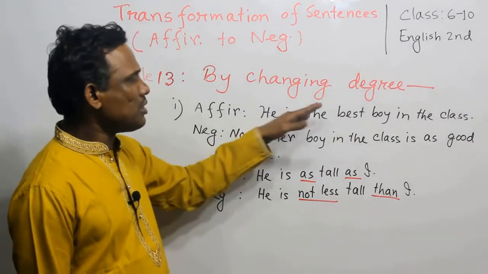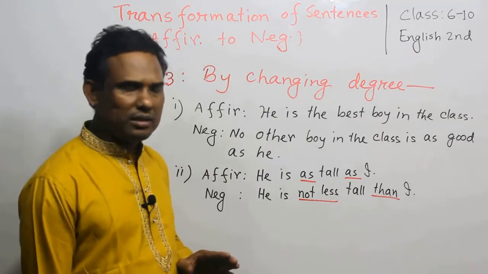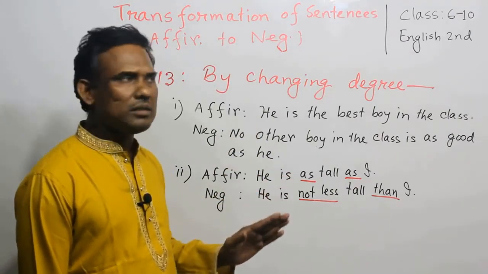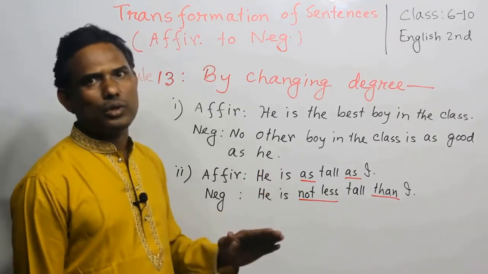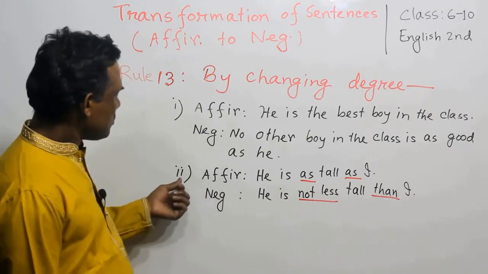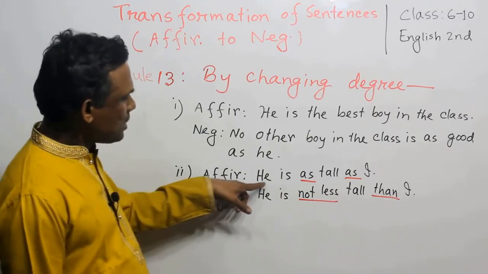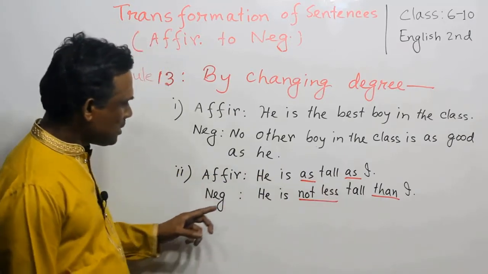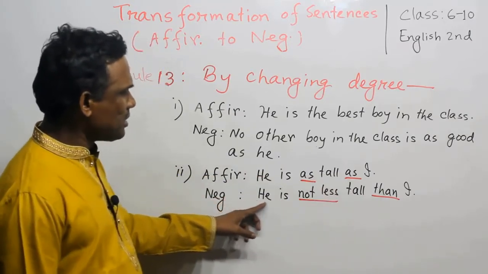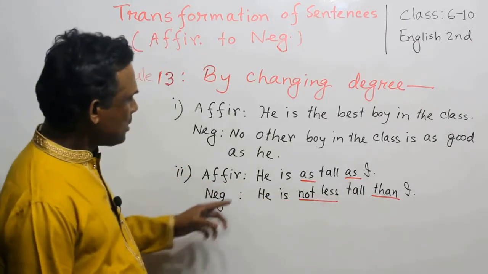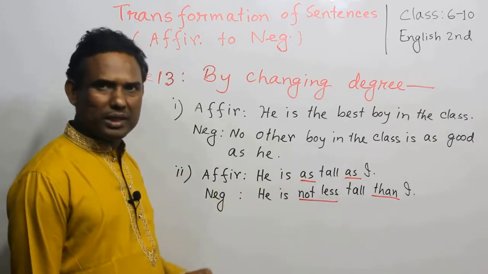When you see superlative degree or comparative degree, you can turn it into positive degree. Then it turns into a negative sentence automatically. Now, number 2. He is as tall as I. Its negative form is he is not less tall than I. Here you can see tall is the positive degree.